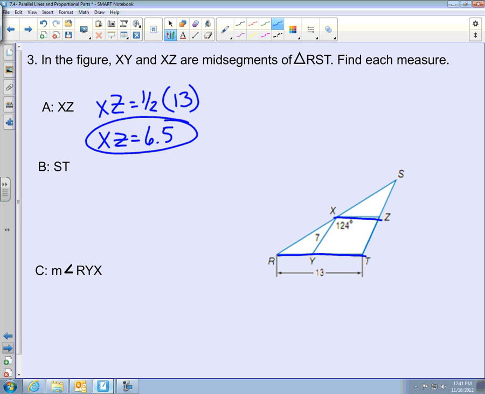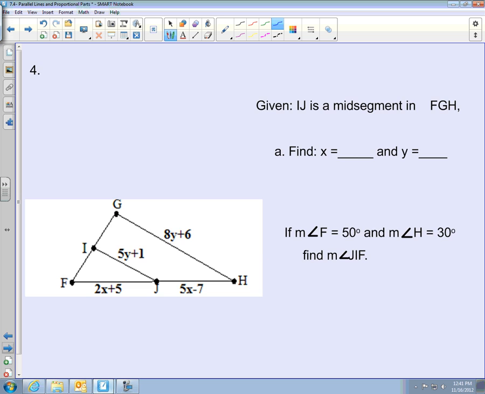All right, see here. Problem 4 looks like this one. Given IJ is the midsegment in triangle FGH. Okay, so IJ is a midsegment, so that means these two portions are congruent and these two portions will be congruent. Find X and Y. Well, X is easy because we see we have two congruent sides. So find that for X. And then we see our Y. Well, our Y is going to be here in our midsegment and our base.